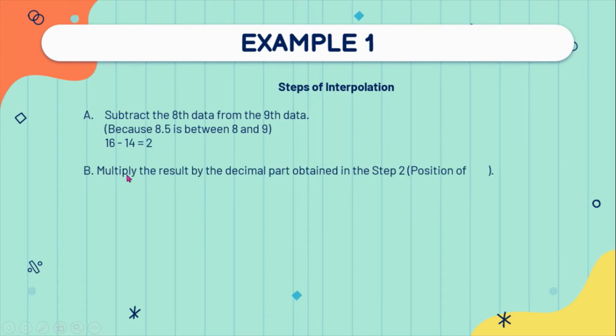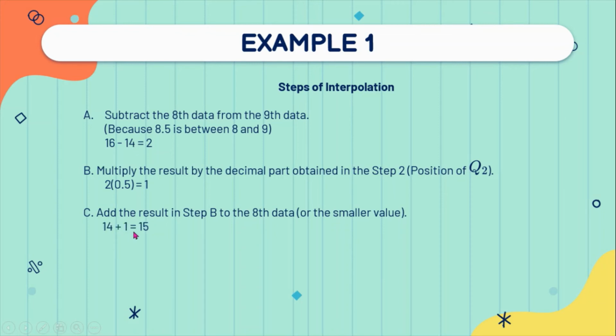Next, we multiply the result 2 by the decimal part obtained in step 2, and that is 0.5. So 2 times 0.5 is equal to 1. Finally, add the result in step B, which is 1, to the 8th data or the smaller value, which is 14. That is 14 plus 1 is equal to 15. Therefore, our Q sub 2 or the median is equal to 15.